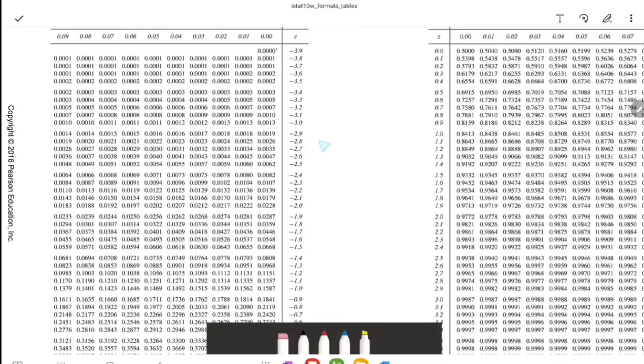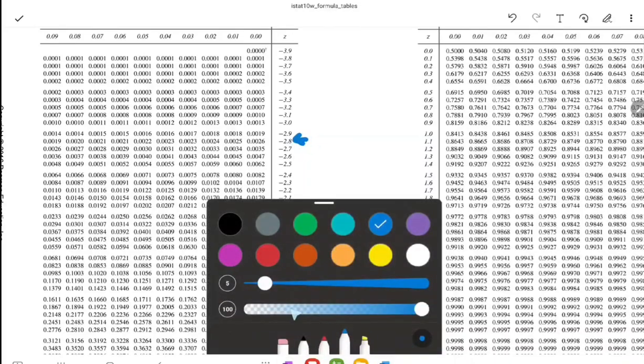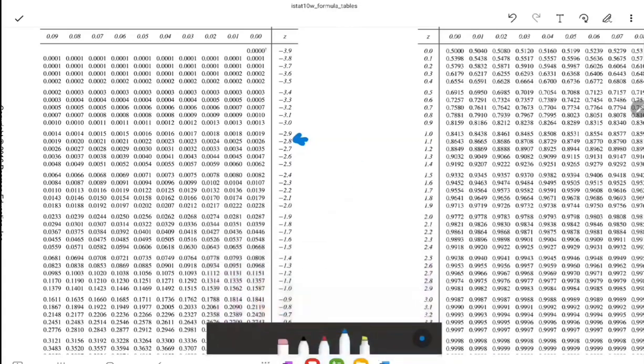Negative 2.8 is right here. And 2.82, correct? So negative 2.82 is 0.0024. 0.0024 is the area.